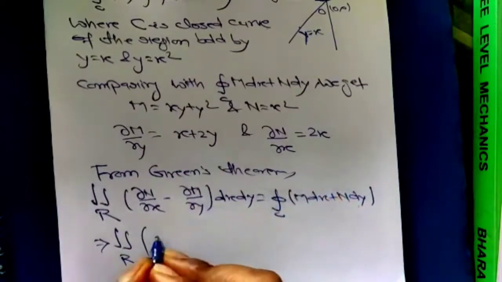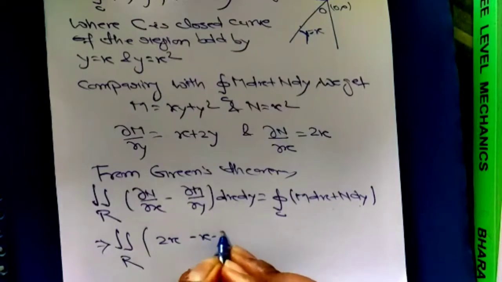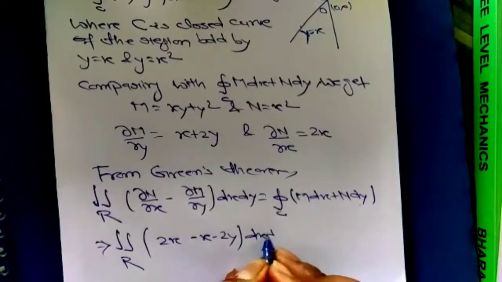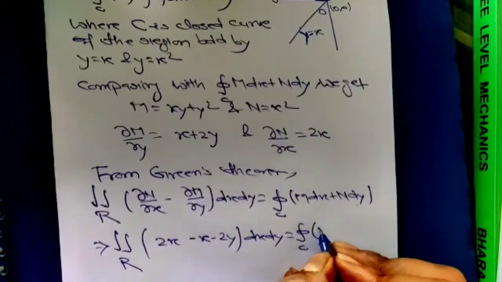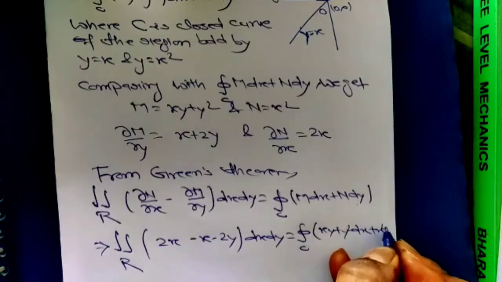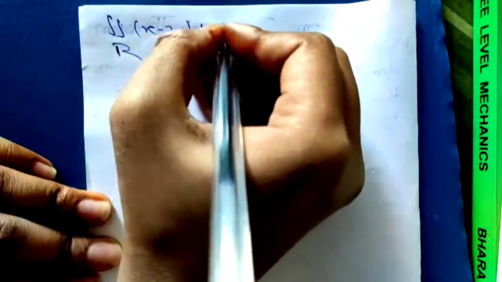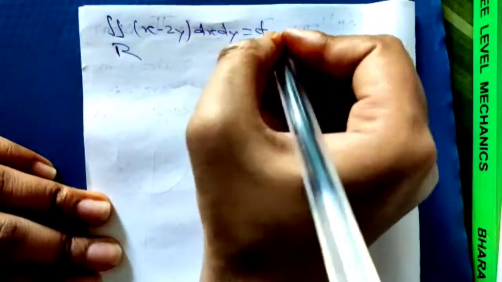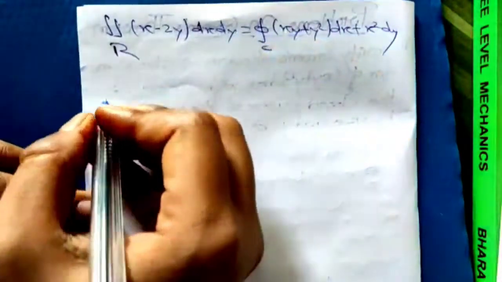Del N upon del x is 2x, and del M upon del y is x plus 2y, so 2x minus x minus 2y dx dy equals the line integral. Write the integral directly, which is given in the question. After solving we get the surface integral of x minus 2y dx dy equals the line integral xy plus y square dx plus x square dy.